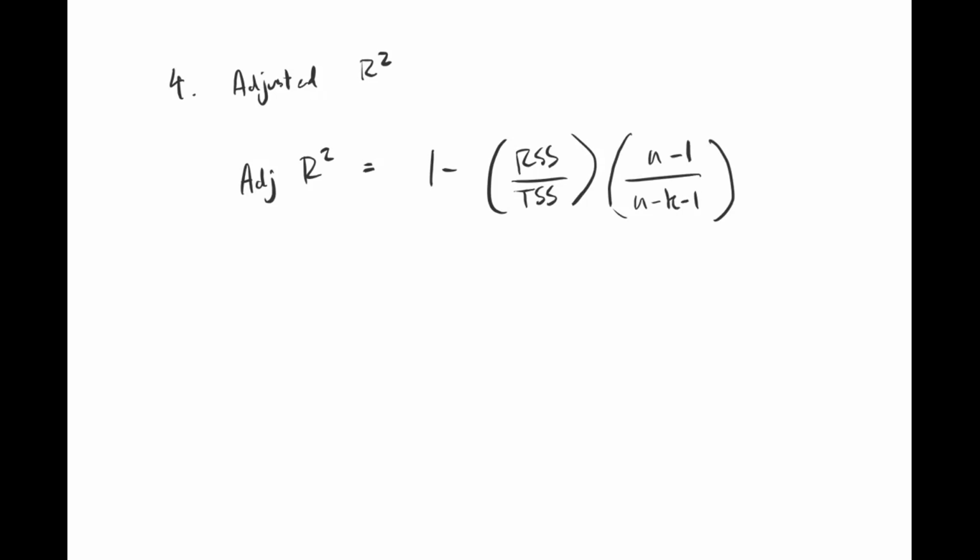And so R squared is between 0 and 1, and bigger is better. So unlike the AIC, the Mallow's Cp, and the BIC, in this case, bigger is better.